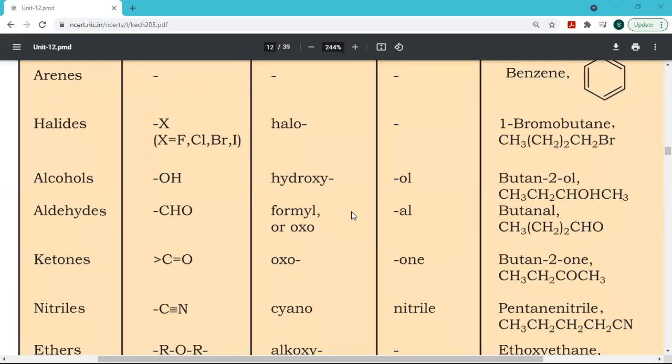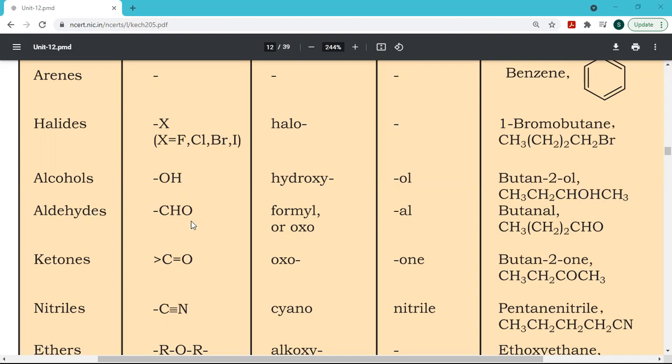Don't worry, I will give you examples of both the things when we do the nomenclature of functional groups. ना जब हम ये करेंगे तब मैं आपको each and every example दूंगी that where we use hydroxy, where we use ol. Clear? For example, we have this OH group attached in between the chain. So CH3, CH2, CHOH, CH3. So this will be butan-2-ol, because we will start nomenclature from this side. So this will be butan-2-ol.